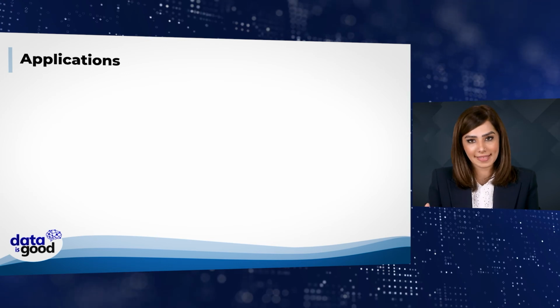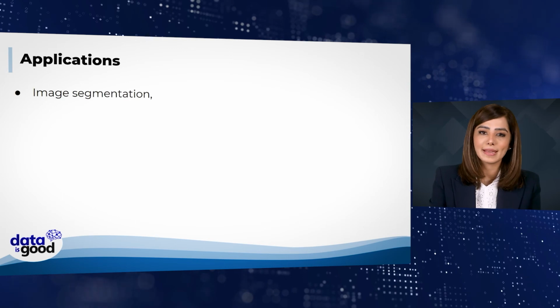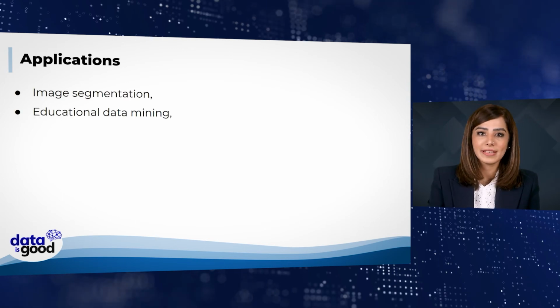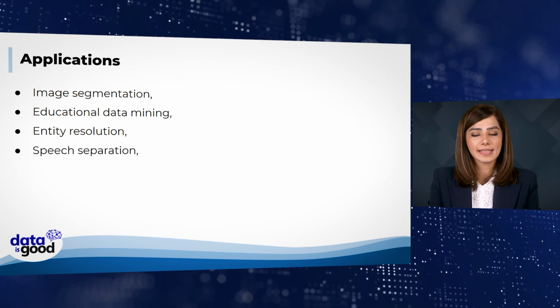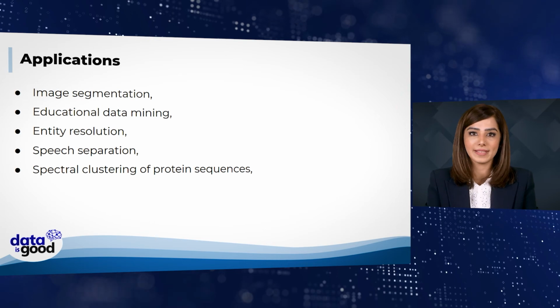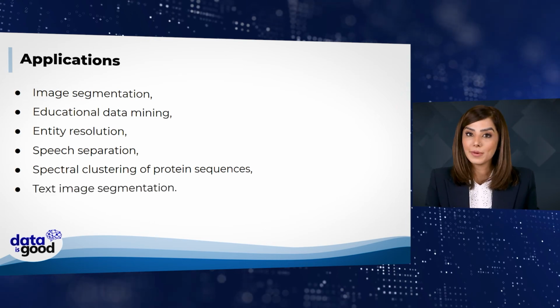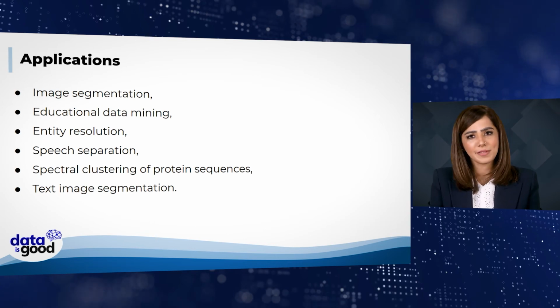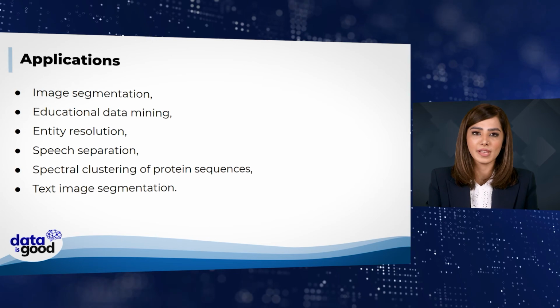Spectral clustering has its application in many areas, which includes image segmentation, educational data mining, entity resolution, speech separation, spectral clustering of protein sequences, text-image segmentation. The big question is, why do we need spectral clustering even after having so many other clustering techniques already?